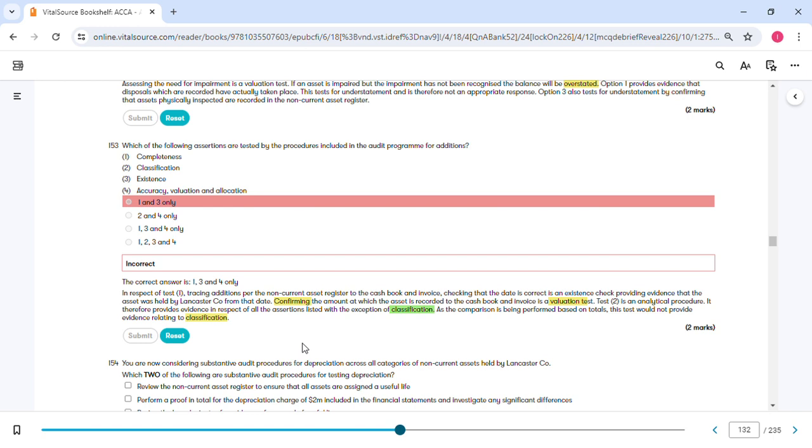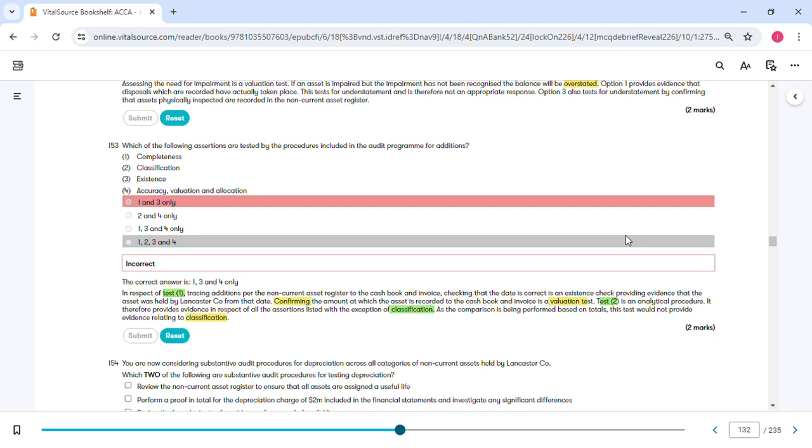Again, there are test 1 and test 2. Remember, revise this. What does test 1 say?